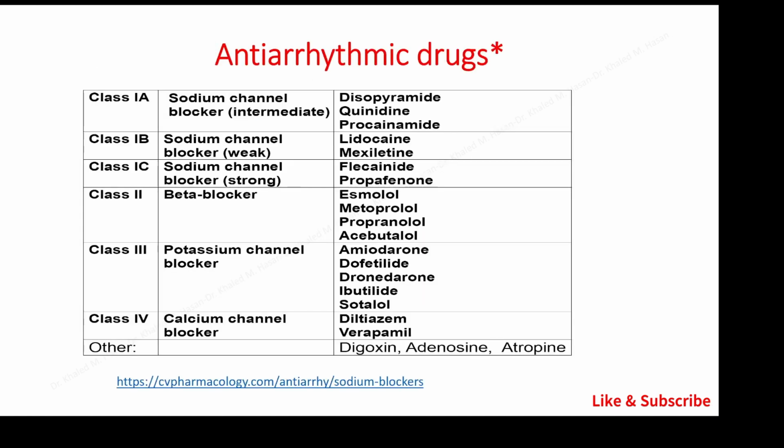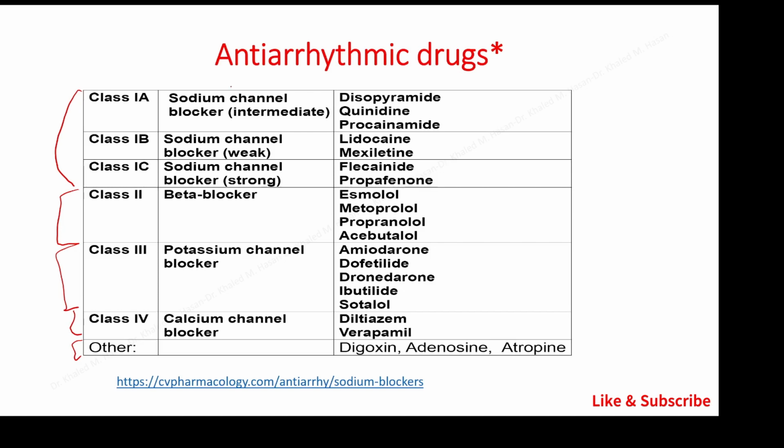Okay, the next section presents the classification of antiarrhythmic drugs. As you can see in this section, for antiarrhythmic drugs we have class 1, class 2, class 3, class 4, and then other.